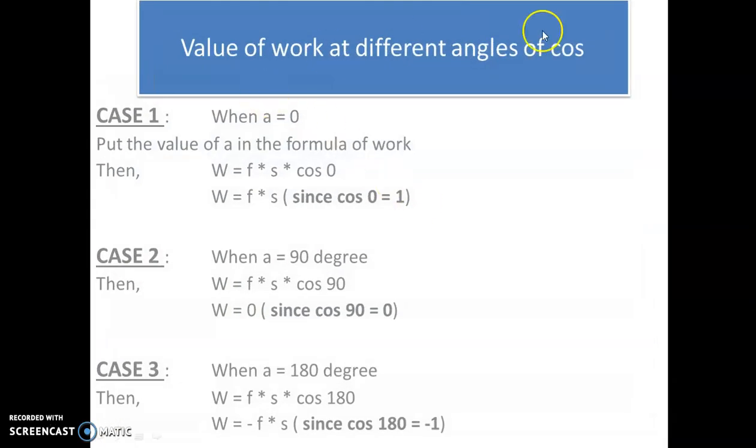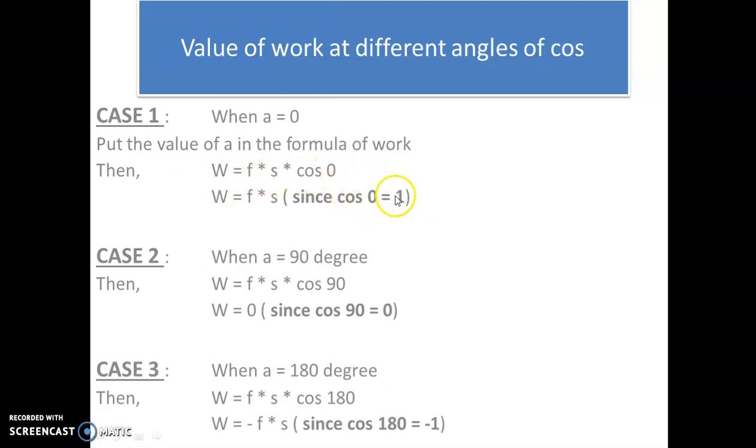Now let's check the value at different angles. This part is very important for the numericals. The first case is when A is 0, that is, when the displacement is in the same direction as the force applied, the initial one that we did, where W equals F into S into cos 0.